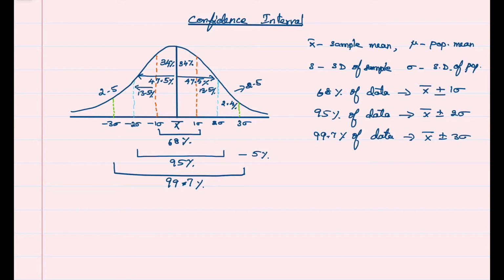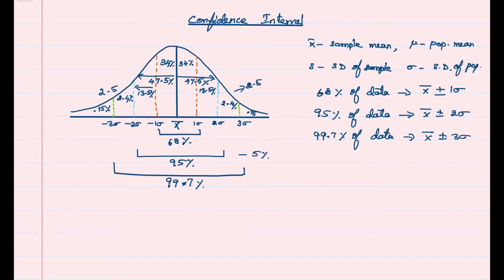So, 2.4% of the data will be between 2 sigma and 3 sigma, and 0.15% of the data will be above 3 sigma. Similarly, 2.4% of the data is between minus 3 sigma and minus 2 sigma, and 0.15% of the data will be below minus 3 sigma level.